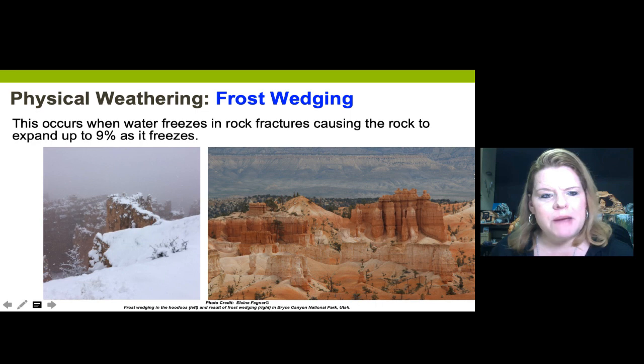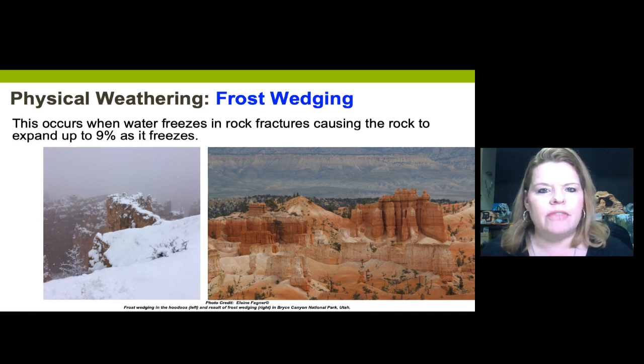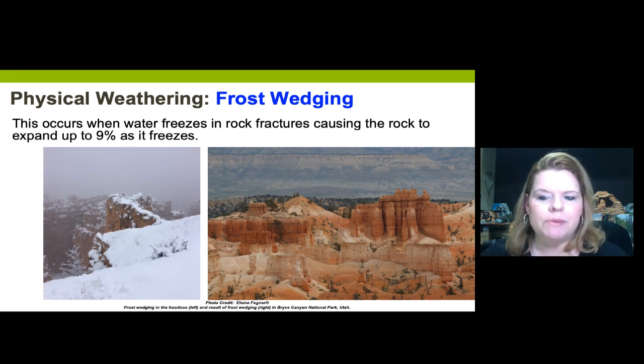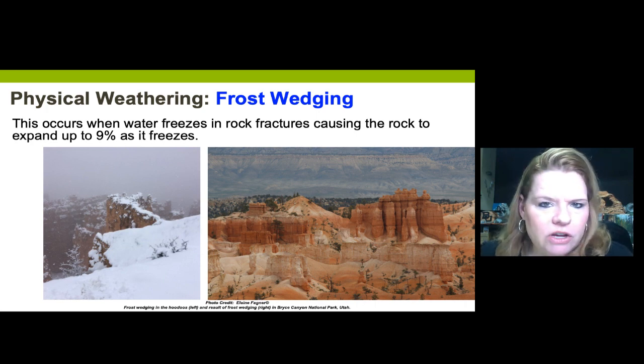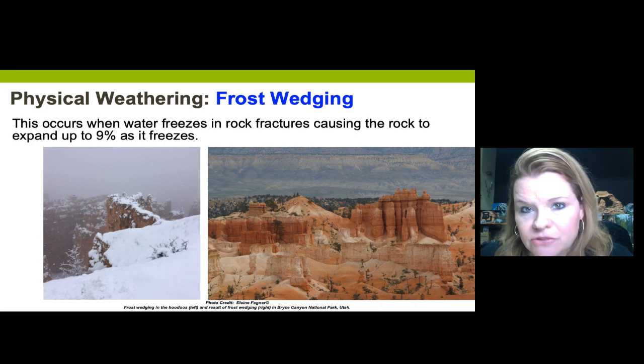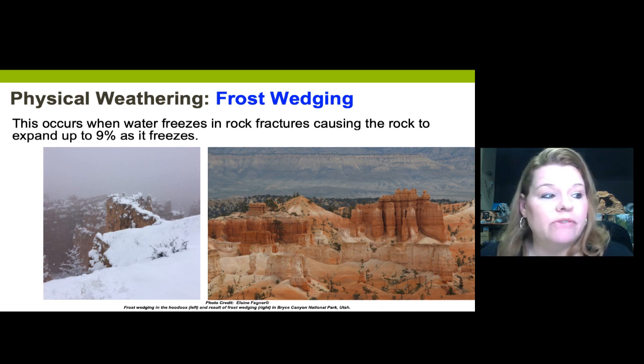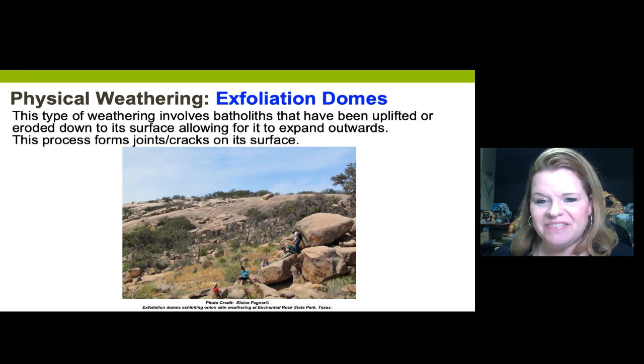The ice can expand up to 9%, and that's going to cause expansion in the rocks and literally mechanically break it open. So frost wedging can create really special features, not just some mass wasting of rock layers, but features like hoodoos, which you'll learn about at the end of this semester.